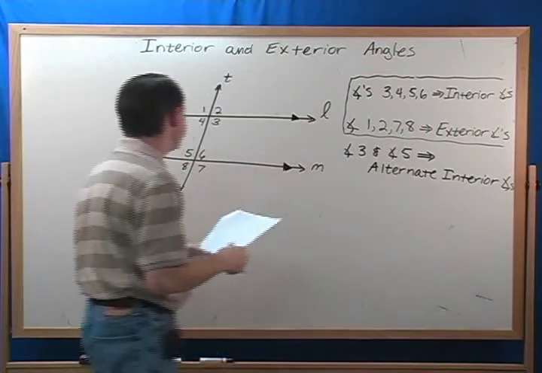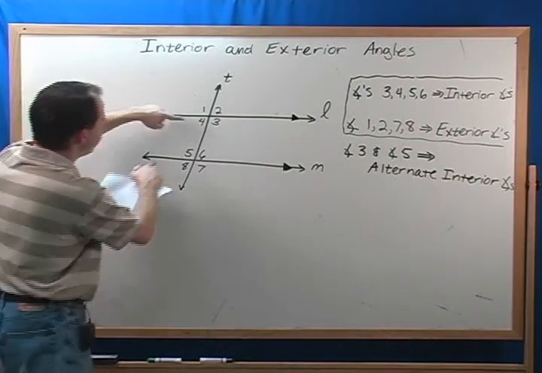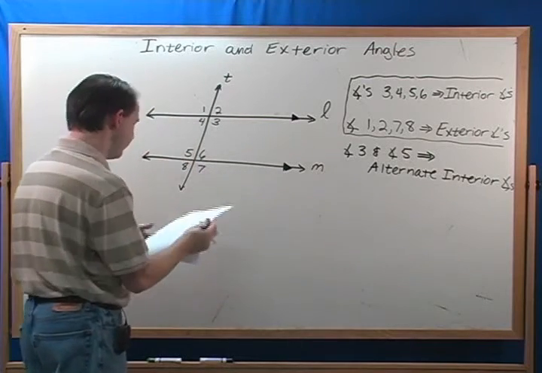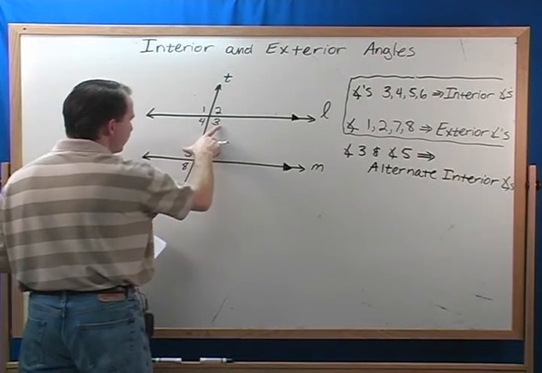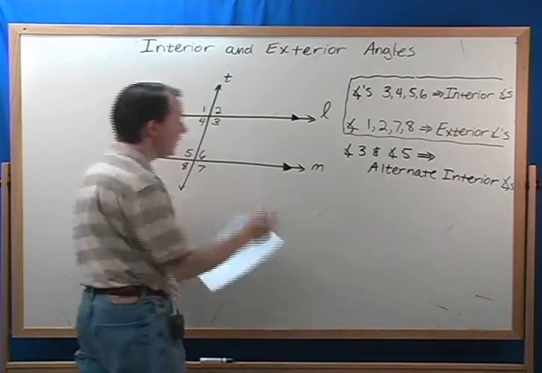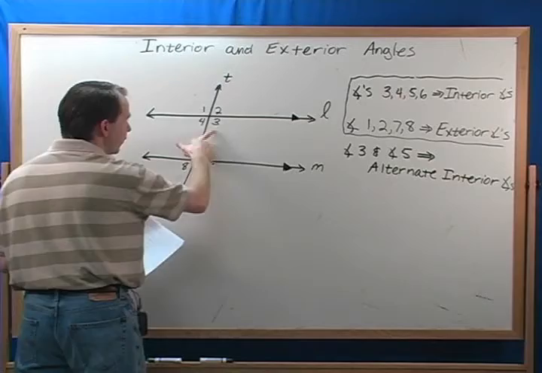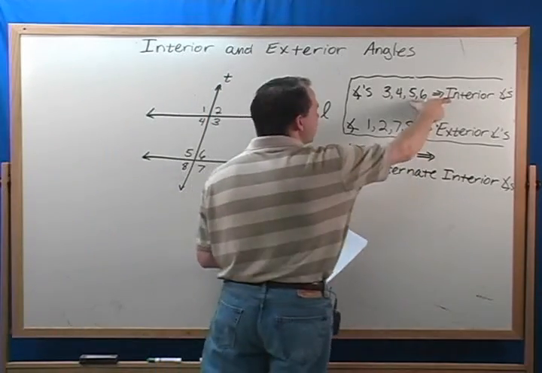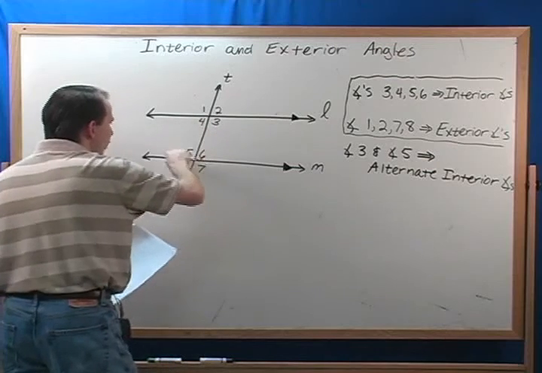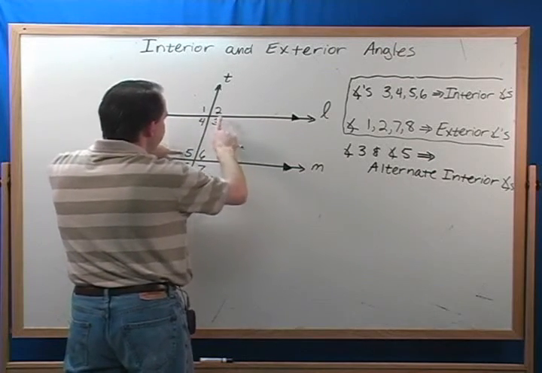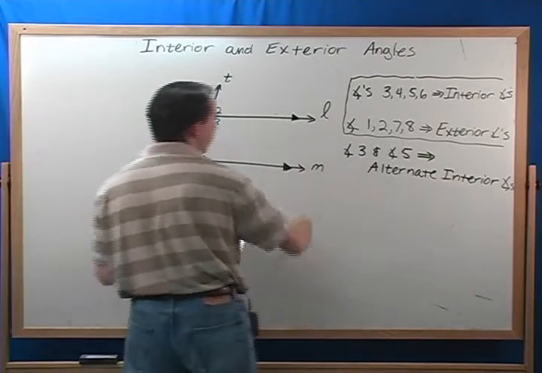So what we've done is define the interior angles, and now I'm telling you that these two are drawn on opposite sides, or alternate sides, of this transversal. They are a subtype of the interior angles. All I'm saying is that these two are alternate because they're on alternate sides of this transversal.